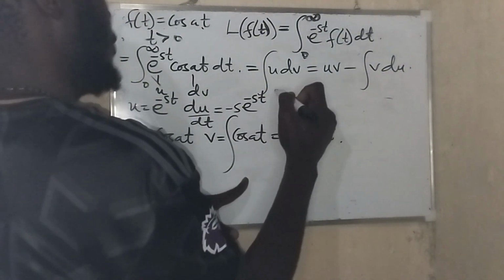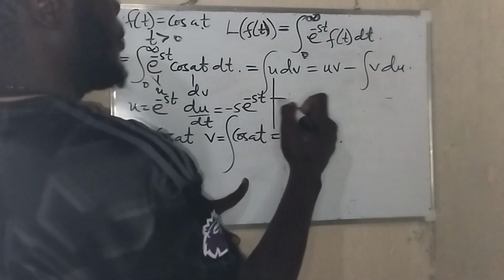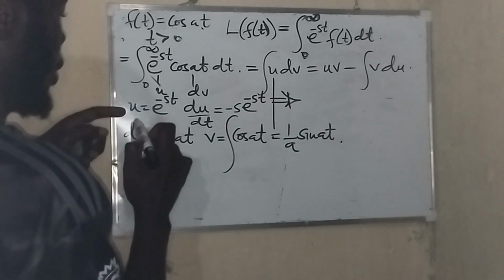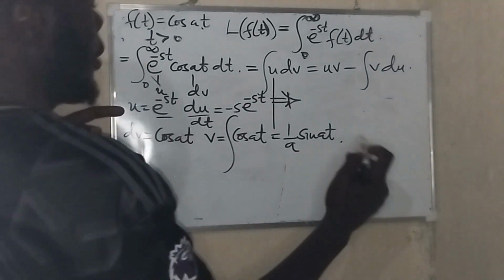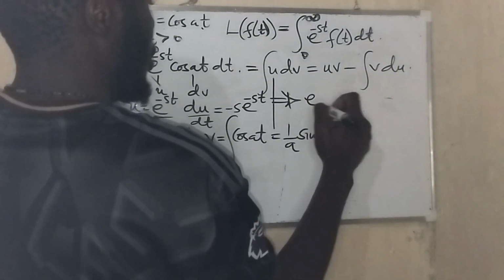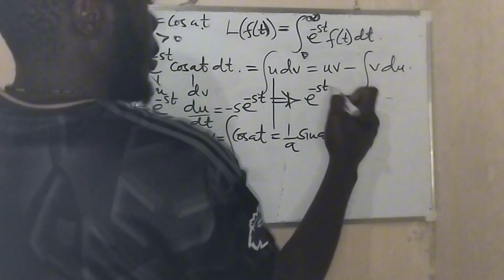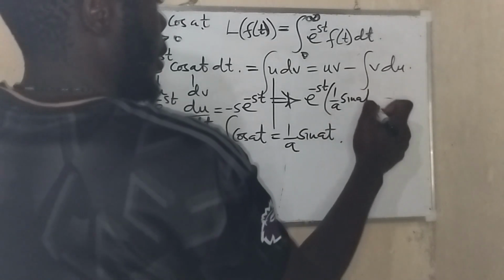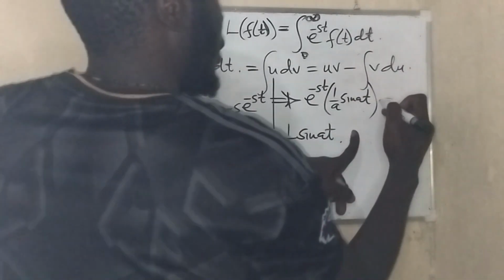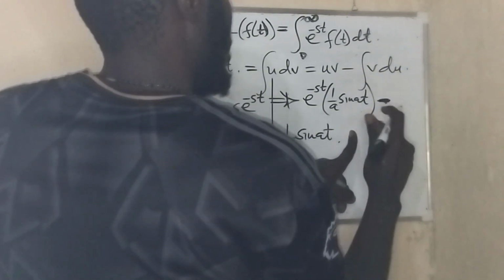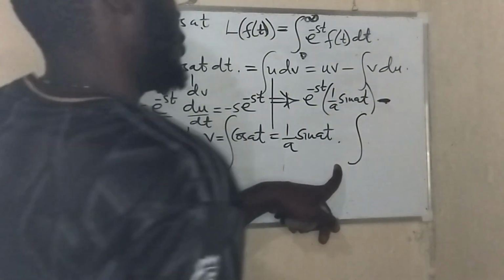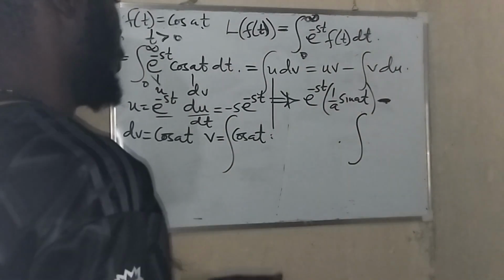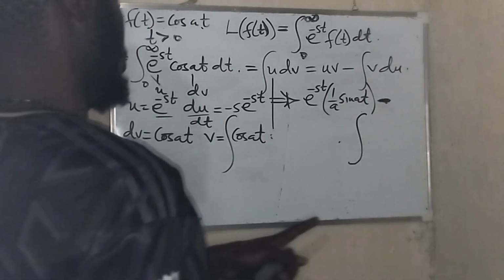So we shall replace. We have uv, your u and v. So your u is exponential negative st, then v is 1 over a sine at, then minus the integral of v du.